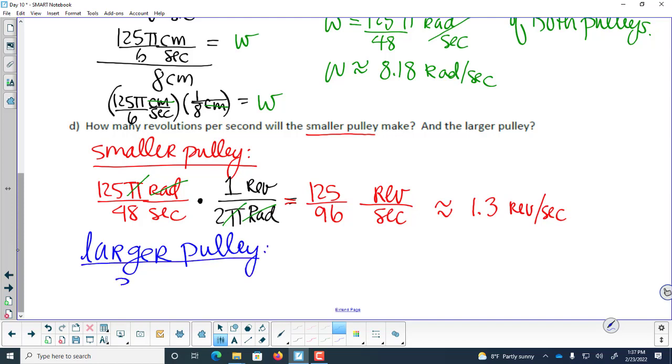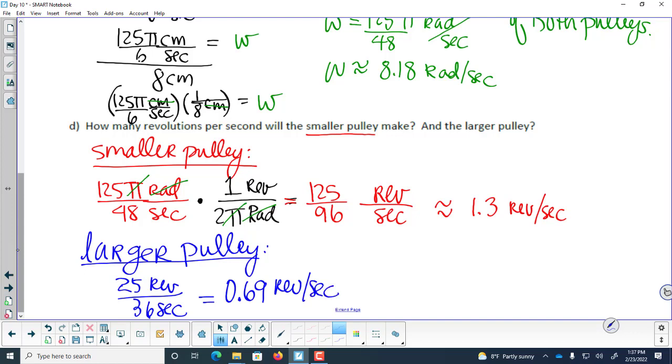The larger pulley is making 25 revolutions in 36 seconds. Okay, so we've got revolutions per unit of time. We usually just like it per 1 second. You could take that angular speed and then go back, same thing. It's just more work. So that becomes 0.69 revolutions per second.